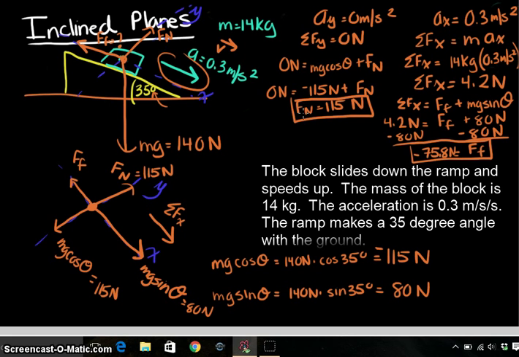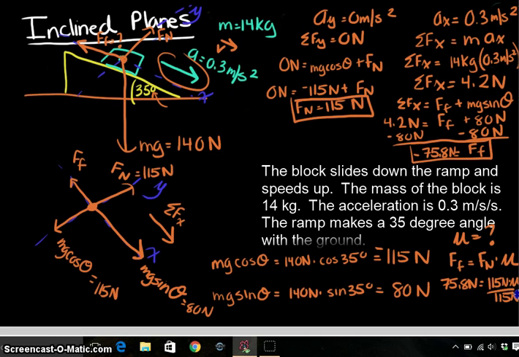We could also find the coefficient of friction, so we could also find mu. The coefficient of friction would be equal to, well, let me just use the math model for friction. Friction is equal to the normal force times mu, and if our frictional force is 75.8 and our normal force is 115 newtons, what is our coefficient?